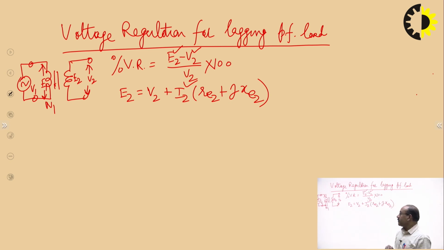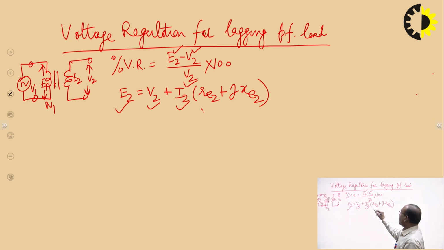This is the voltage equation of a transformer. In this, the various symbols are: E2 is the no load secondary terminal voltage, which is also known as the induced EMF in the secondary. V2 is the full load terminal voltage of the secondary when full load is connected across the secondary. I2 is the full load secondary current.